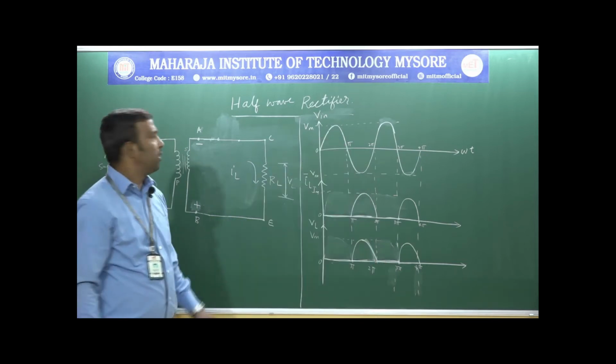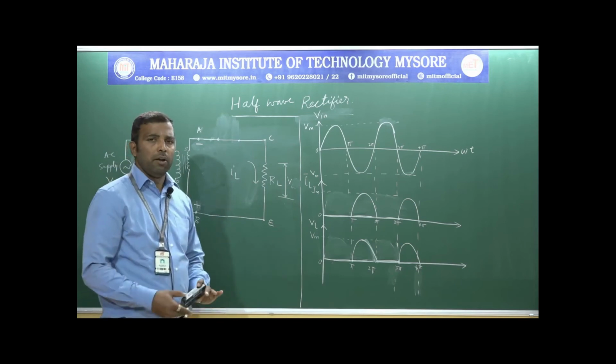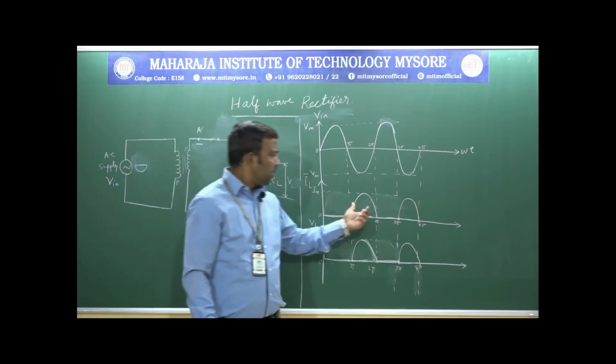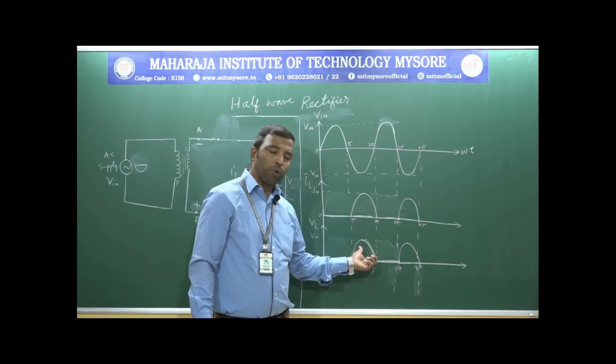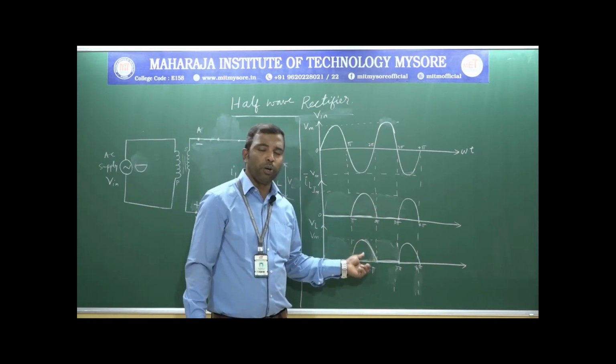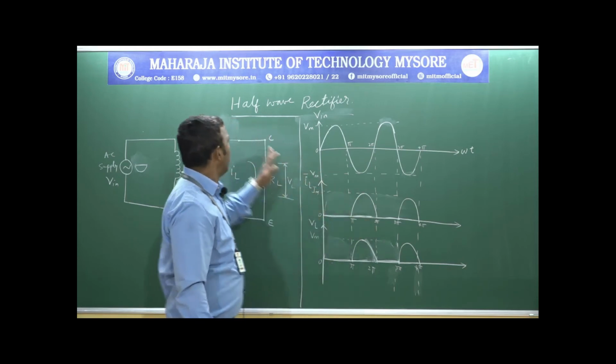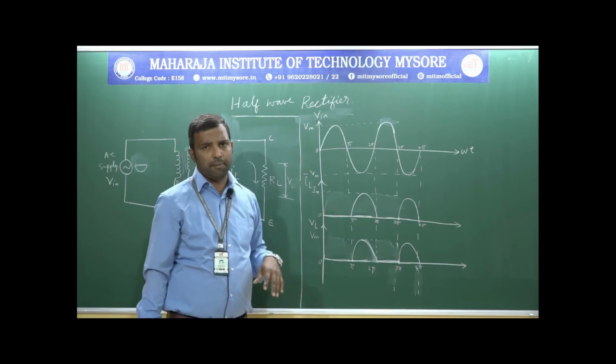This is the operation of the half wave rectifier during the positive half cycle and negative half cycle. Here also the output current and output voltage are obtained only for half cycles of the input voltage, hence the name half wave rectifier.